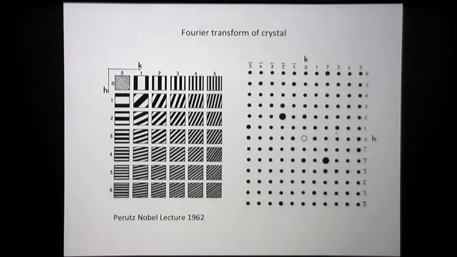and its imaging capabilities. So I'd just like to use 4 picture slides to try and introduce you to Fourier transforms, and Georges tomorrow will be taking you on a bit more of a technical journey. But the first one is one I like, from Max Perutz's Nobel lecture in 1962, which demonstrates the notion of a Fourier transform in the context of a crystal, because he was talking about X-ray crystallography.